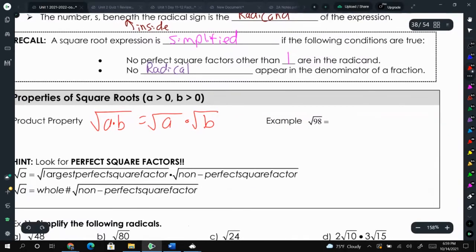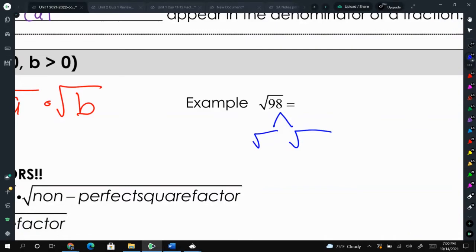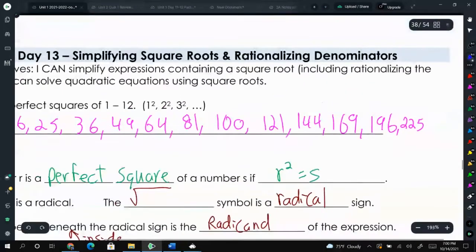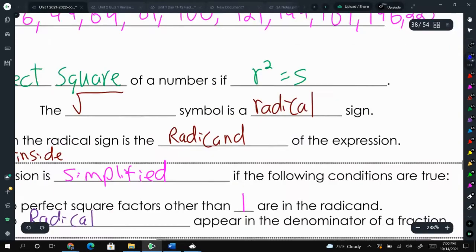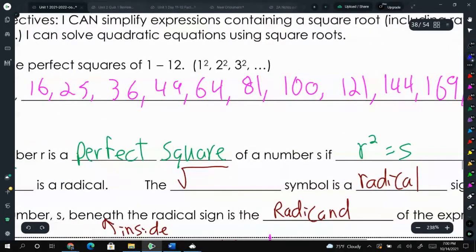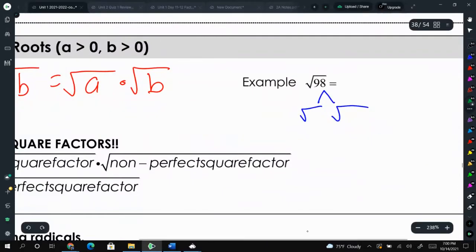So if we have the square root of 98 right here, what we want to do to simplify this is to break this up into two factors, where one of those factors is one of the perfect squares from up here. So I get out my calculator and I start dividing 98 by these numbers until I get a whole number answer. 49 and 2.